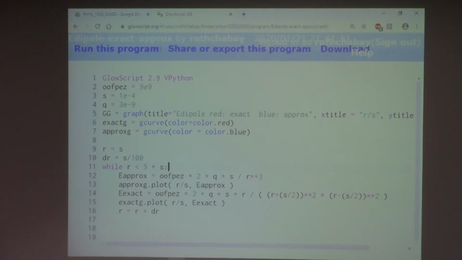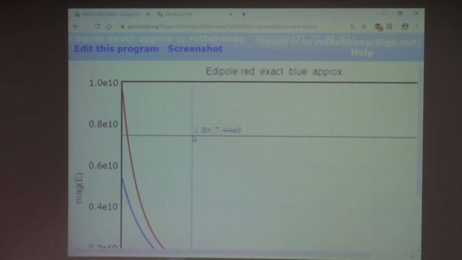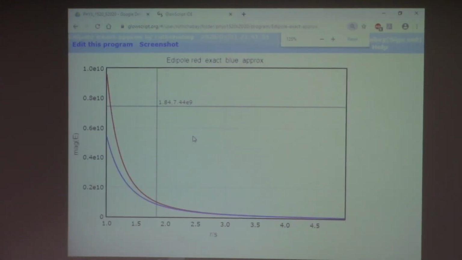Okay, the x-axis is the ratio of r to s, so it's the ratio of the distance from the dipole to the dipole separation.